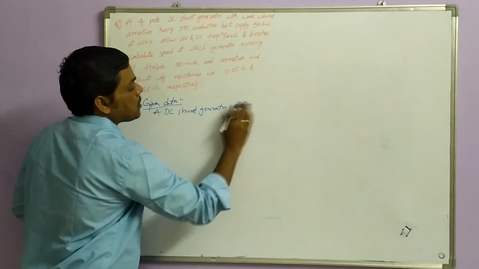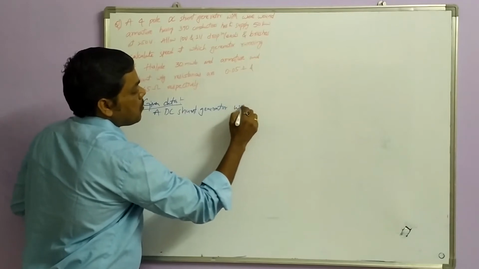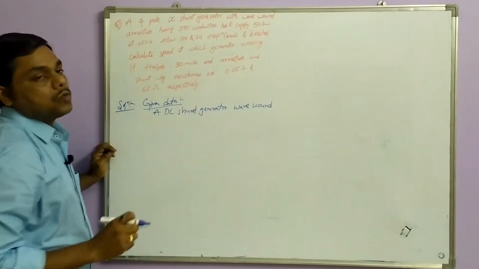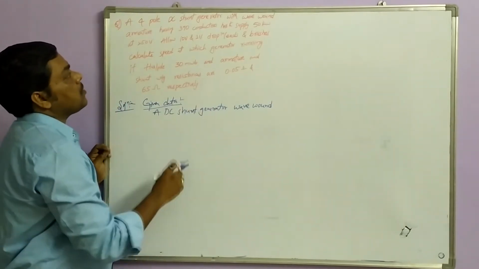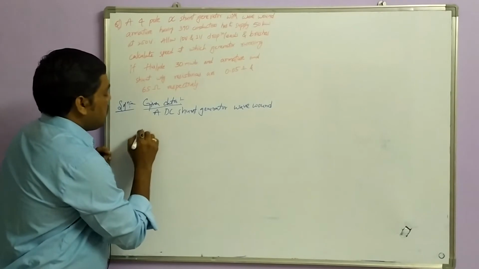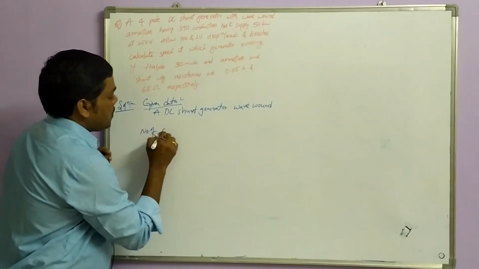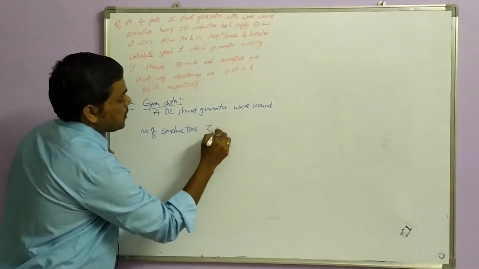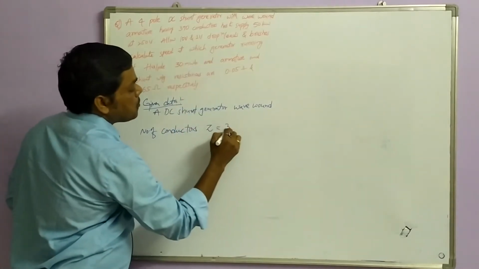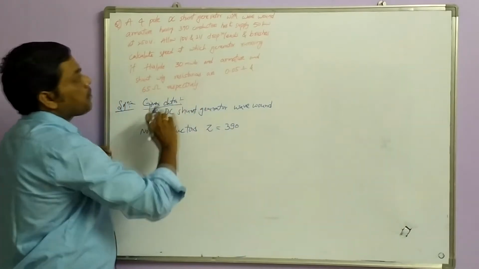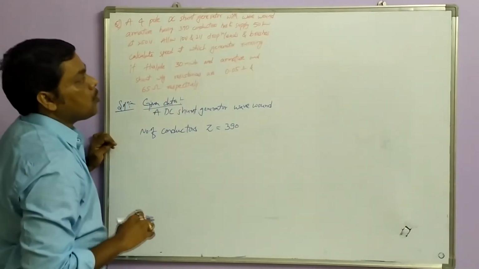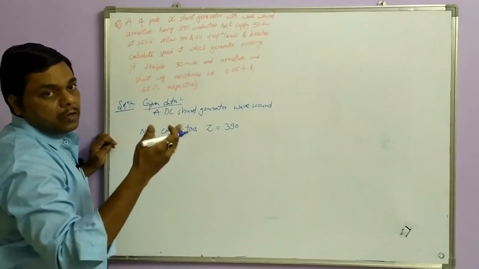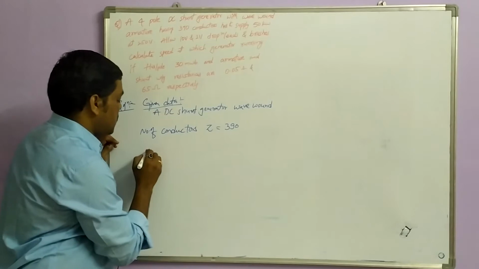So what is the connection diagram of winding? It is wave wound, we have to remember. So since it is a wave wound armature winding, the number of conductors, indicated by Z, is equal to 390, and it supplies the 50 kilowatts load. So 50 kilowatts load is nothing but output power.